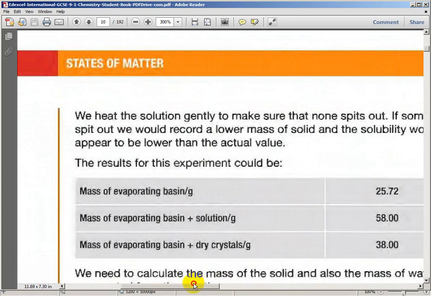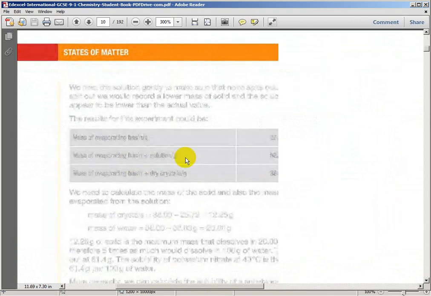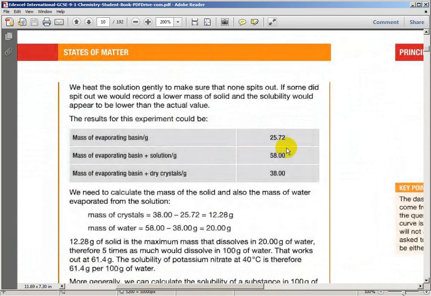So the mass of the evaporating basin is 25.78, the mass of the evaporating basin plus solution is 58, and the mass of the evaporating basin and dry crystal solid is 38. So what is the mass of crystal? What will be the mass of crystal?